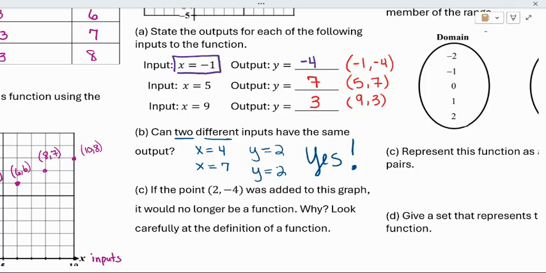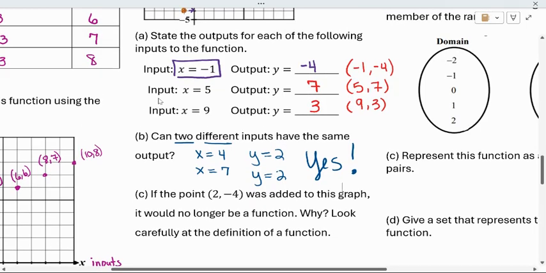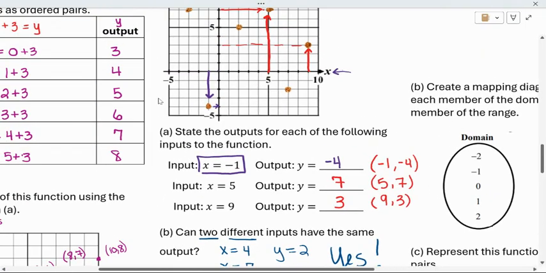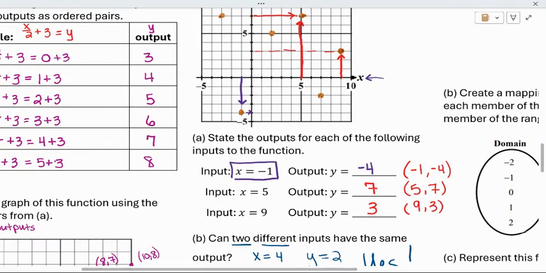However, question C says, if we add the point, that's an ordered pair, 2, -4, would this graph be a function? Why? Let's look carefully at the definition. So if we add the point 2, -4, x is 2, y is -4.